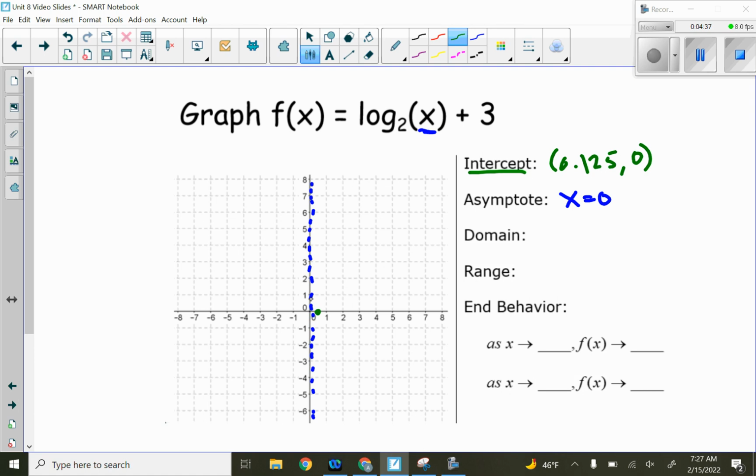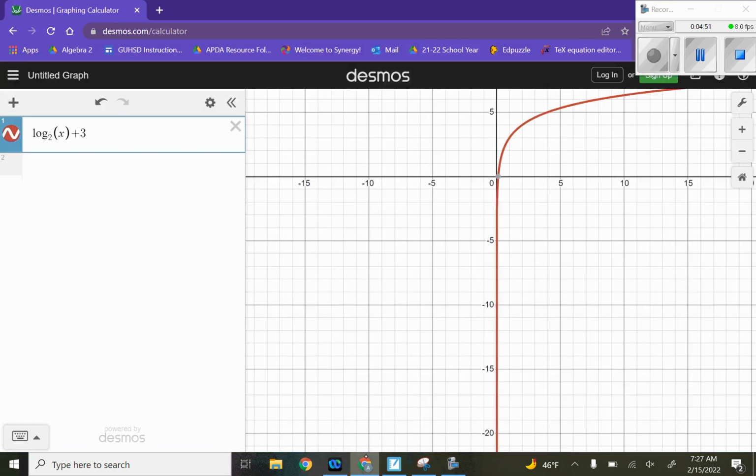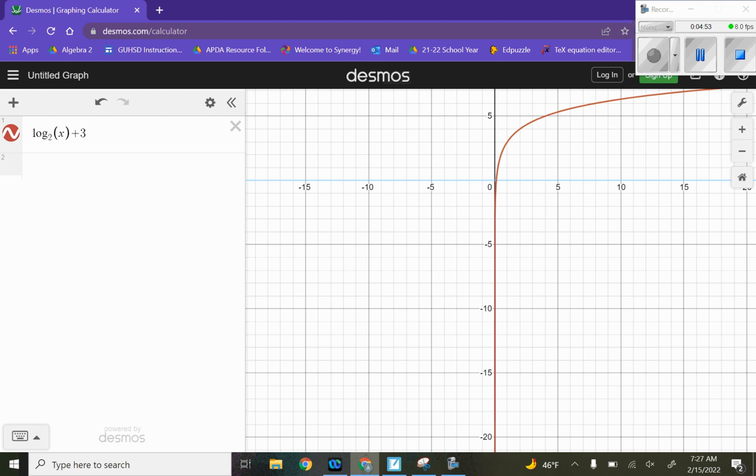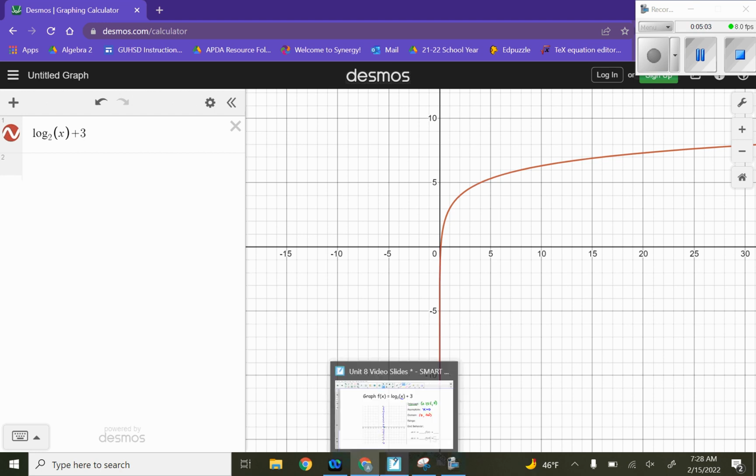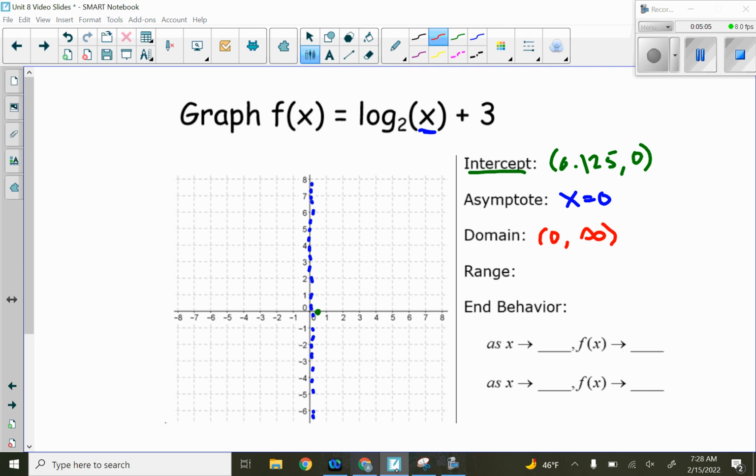Our domain, because it never touches 0, is from 0, and then it will go on to positive infinity. So looking at this graph again, it won't go past 0 on the left, and since it won't touch 0, it's a parenthesis. It's going to go on forever to that positive infinity.